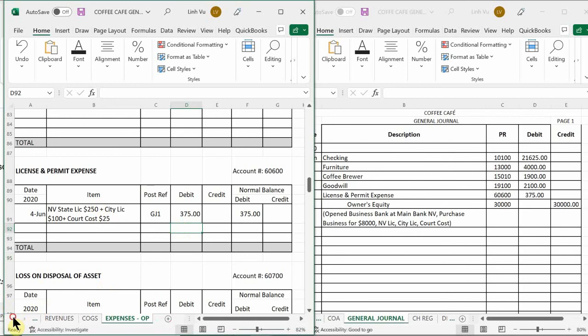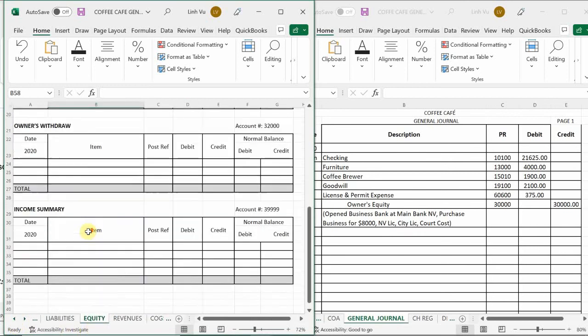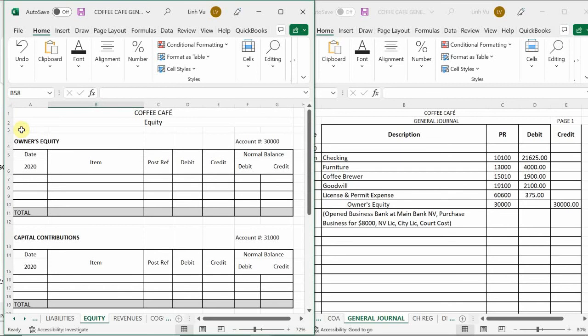So for owner's equity, we're going to go to my equity accounts. Here you go, owner's equity, 6-4, and I'm going to say original investment.